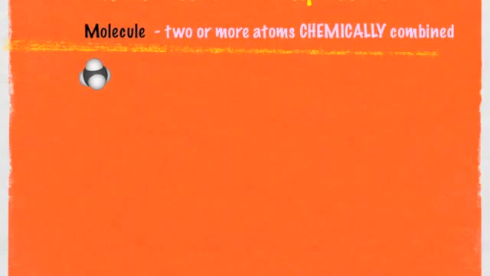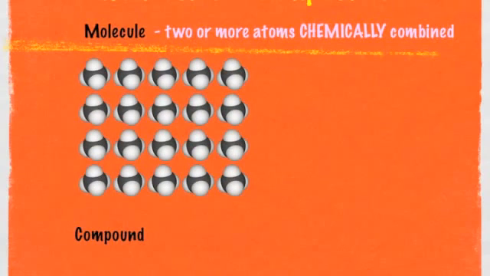So there's a molecule. What's the relationship between a molecule and a compound? Well, the best way to do that is to, again, direct your attention to that molecule there. If that's a molecule, then the compound is this. The relationship that we saw between atoms and elements is the same exact relationship that we see between molecules and compounds.